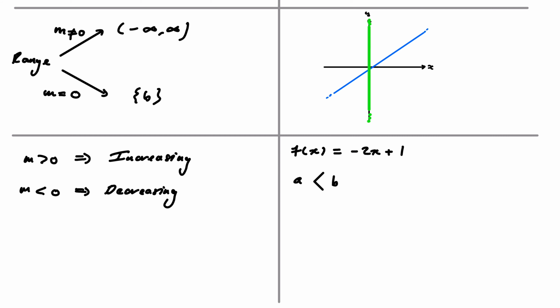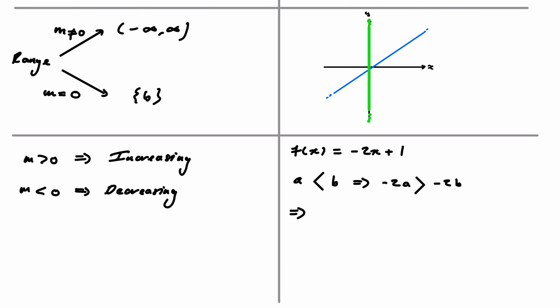So if it's decreasing, we want to show that it reverses the inequality when I feed it into the function. So let's first of all multiply by minus 2. Well, negative 2 is negative, so that means it reverses the inequality. It's one of my core properties of inequalities. So what does this mean?